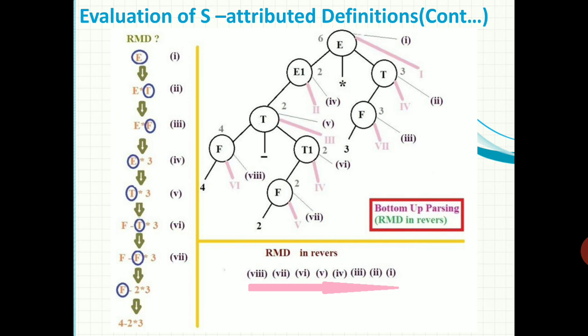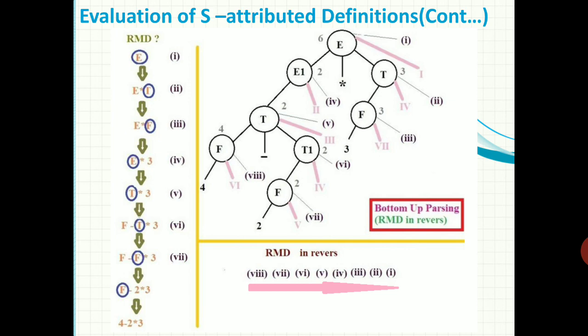So in this way, the rightmost derivation in reverse is performed. First we are going to find the rightmost derivation, then we will find the rightmost derivation in reverse. In the same order, we are going to perform the semantic actions in the annotated parse tree. Then we will get the corresponding result.